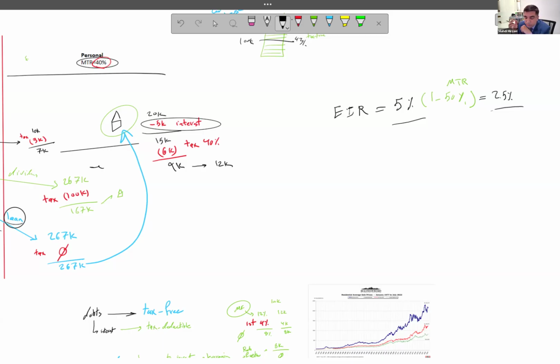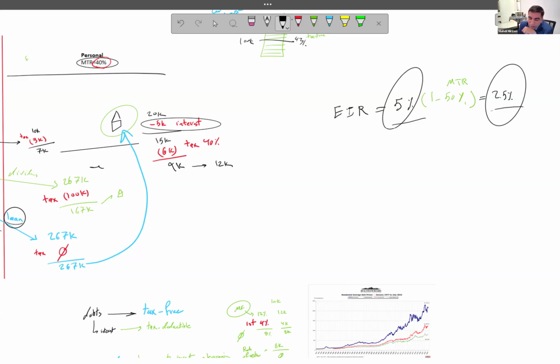And so if your tax rate is at 50%, then on the contract you're paying 5% interest. But in reality, you pay less because you save on your taxes. So the effective interest rate that you pay is 2.5%, because it was a deductible loan.